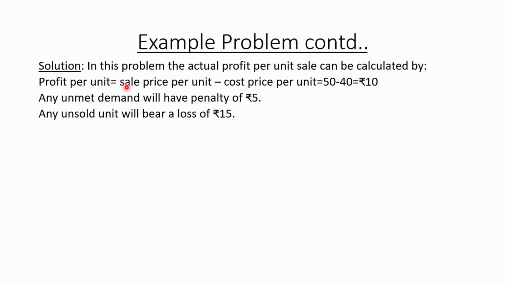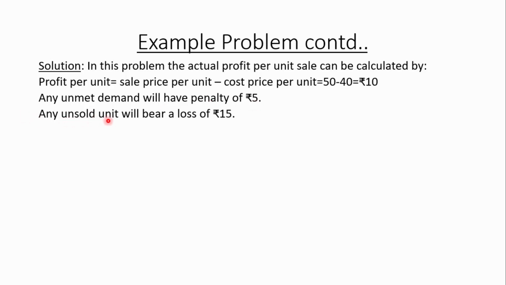So this is the difference of sale price per unit and cost price per unit. So this is 50 minus 40, and the revenue profit is coming as rupees 10. Similarly, any unmet demand will have a penalty of rupees 5. So if the demand is not met, then we have a penalty of rupees 5 per unit.